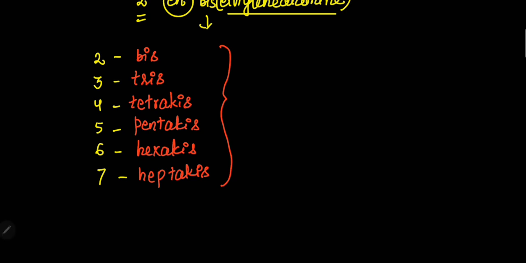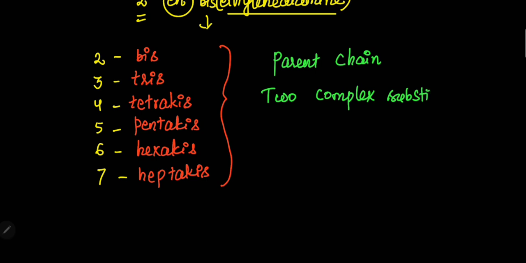When we go to nomenclature, we'll see that suppose I have a parent chain, and on this parent chain, imagine that there are two complex substituents, not simple substituents, but a substituent which in itself has other substituents. We call them branched substituents, or substituents which further contain substituents.